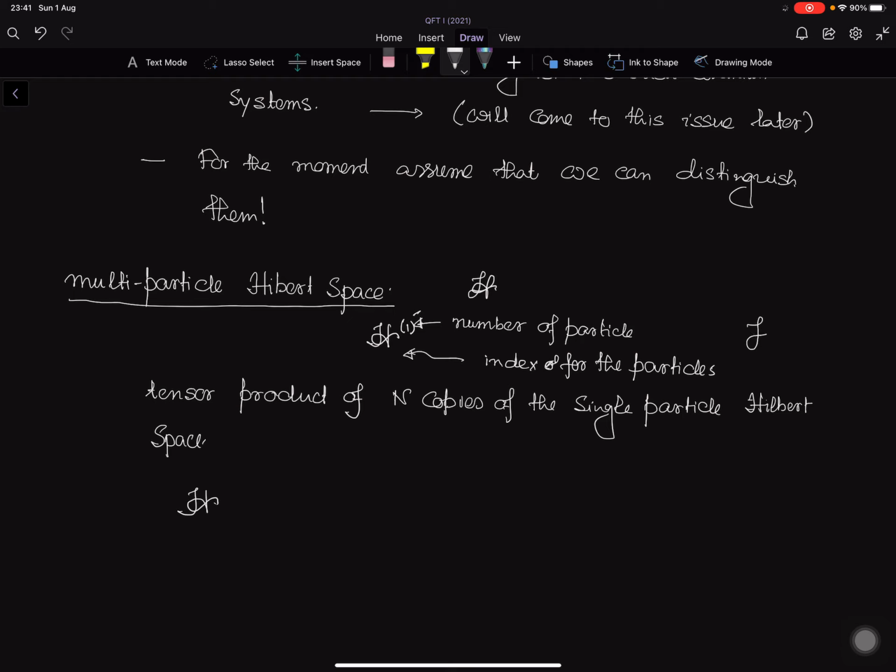So for example, if I write this, then it means the ith particle, and this is the single particle Hilbert space.